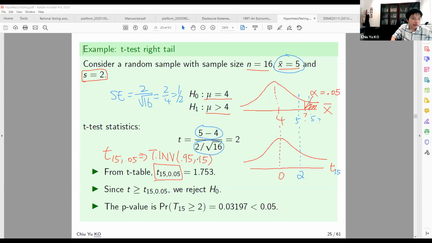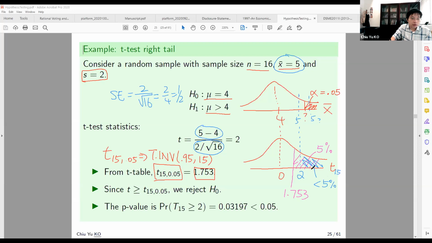Excel is a little bit reversed, where you put the probability first and then the degree of freedom, to give you this number, 1.735, and that is 5%. Which means that the area above 2 is less than 5%.